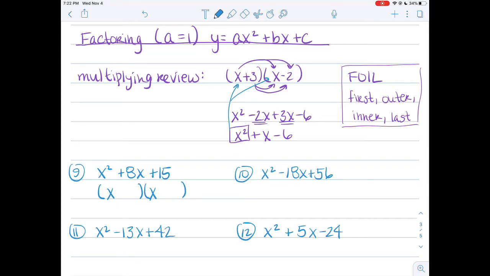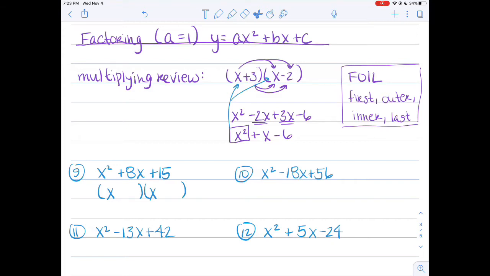The middle term is an x, a 1x, and I got that from two different places. I got it from this -2 and this positive 3x. So that's from my outer terms being multiplied together and my inner terms being multiplied together, and then added.